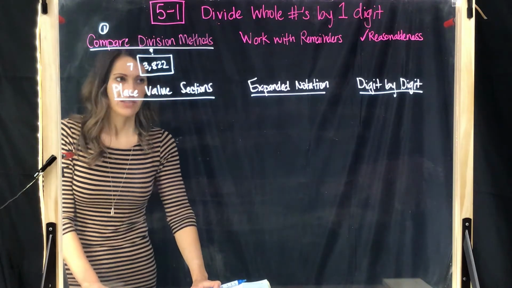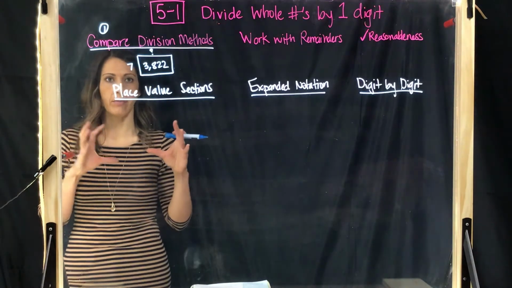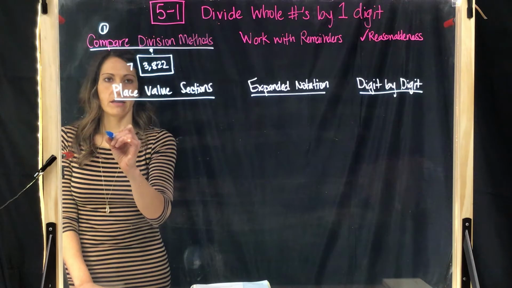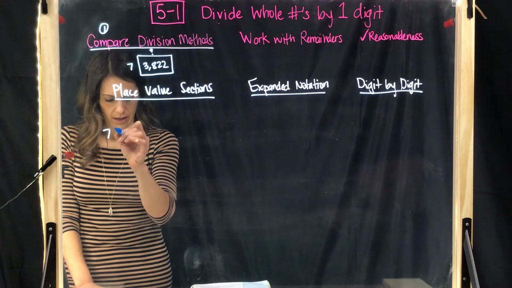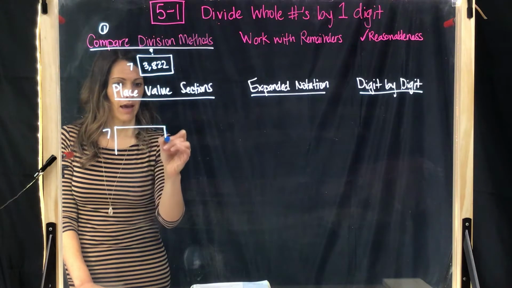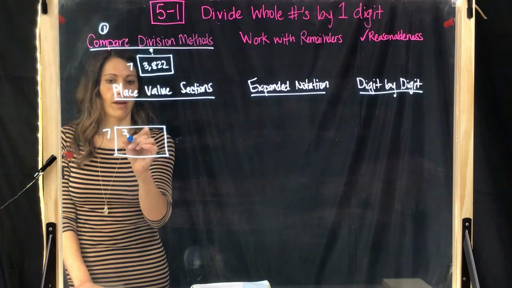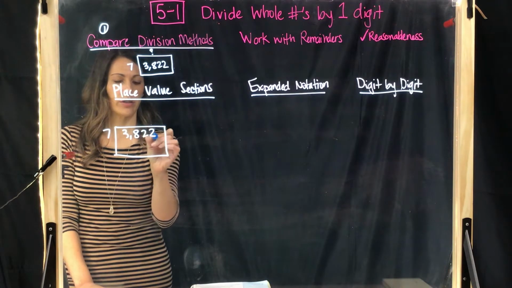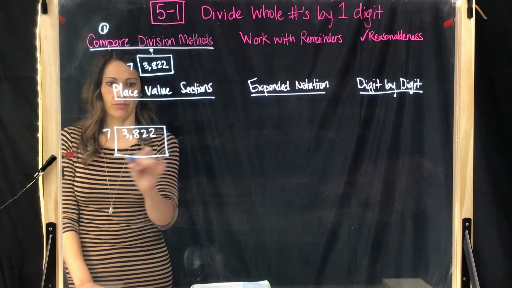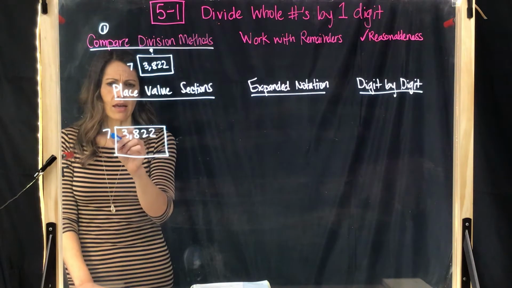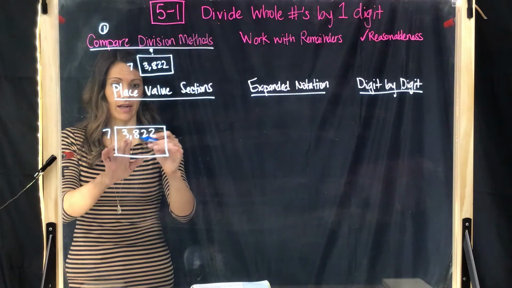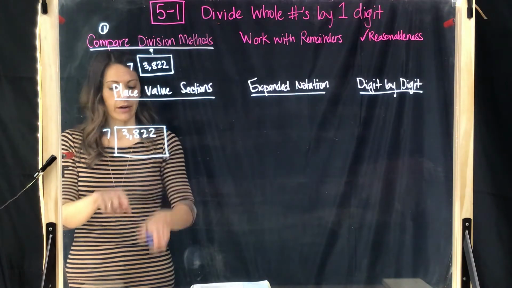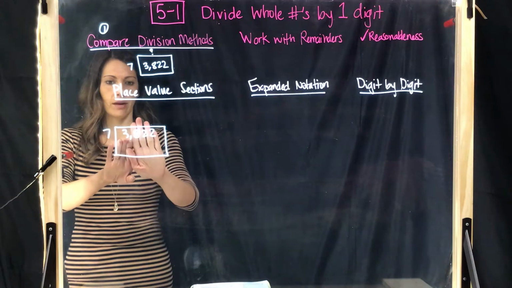What we do in place value sections is we take the entire number. So I'm going to take 7 and make a box and put 3,822 in there. It's like a division box. And I think, how many times does 7 go into the whole number, 3,822? A trick here is to just look at the first number.